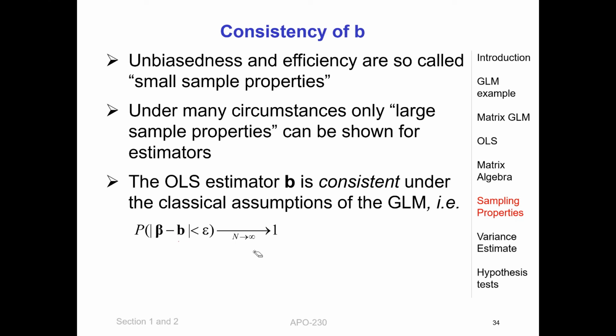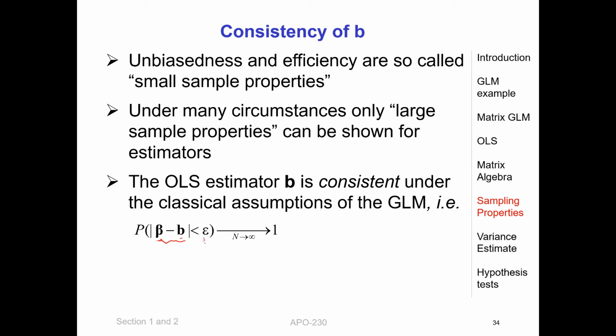First, let's look at this probability and what is inside. The expression inside says the distance of your estimator b from the true parameter beta is smaller than any small arbitrary number epsilon.